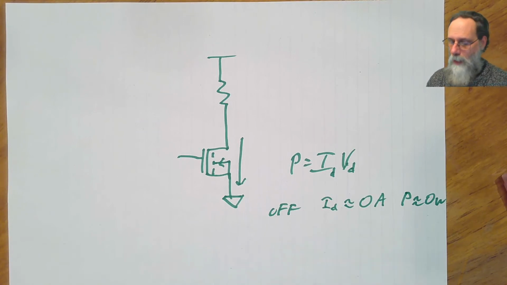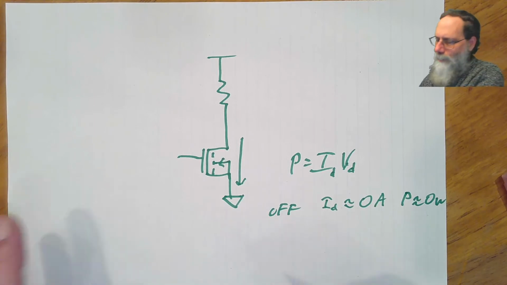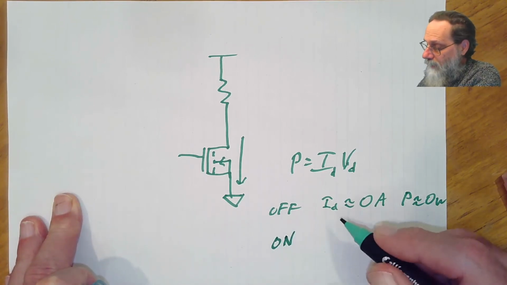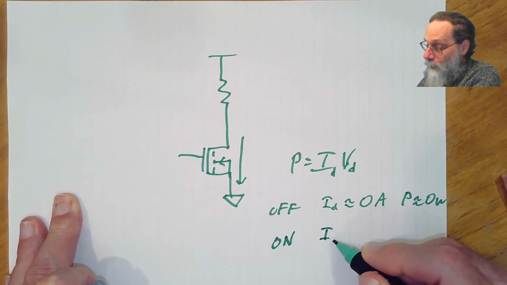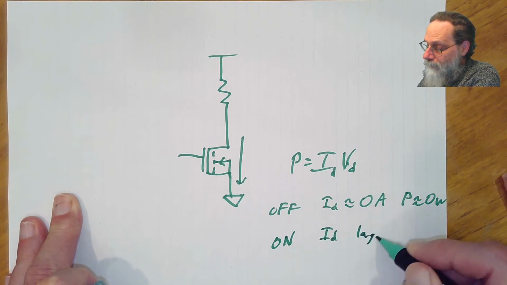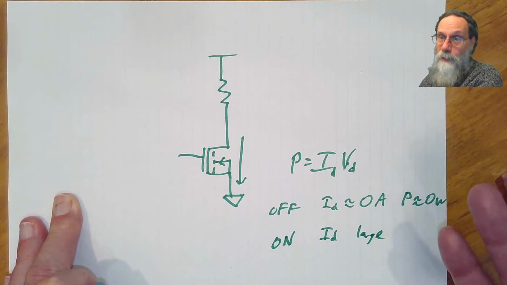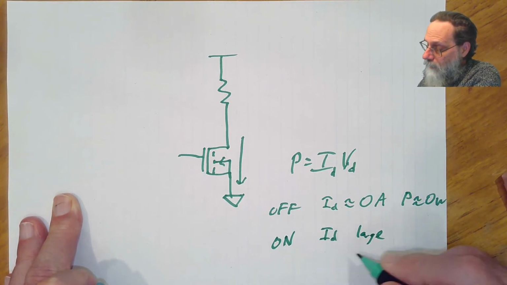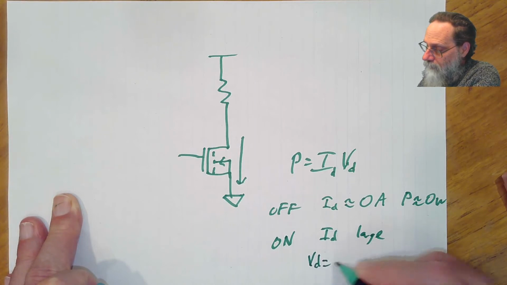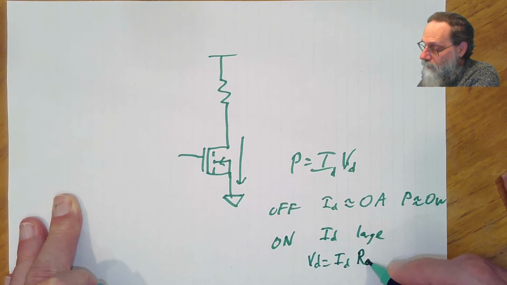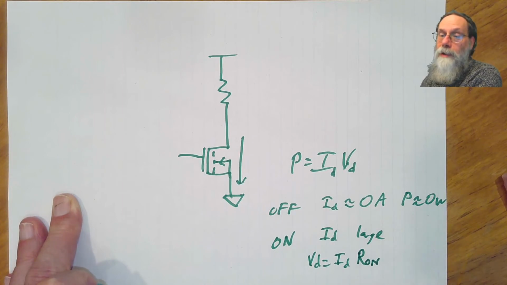When we're looking at power transistors and switching large loads, the leakages are negligible and we can treat them just as 0. When things are on, though, we have a large current. That's why we use power transistors, to be able to switch large currents. And the voltage is that large current times whatever the on resistance is of our transistor.